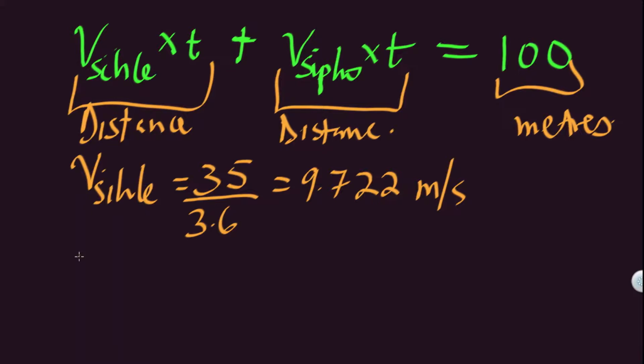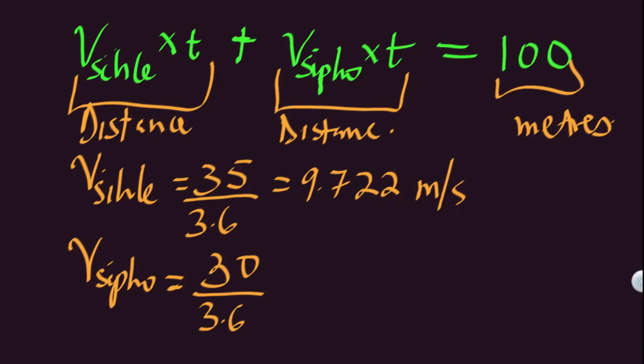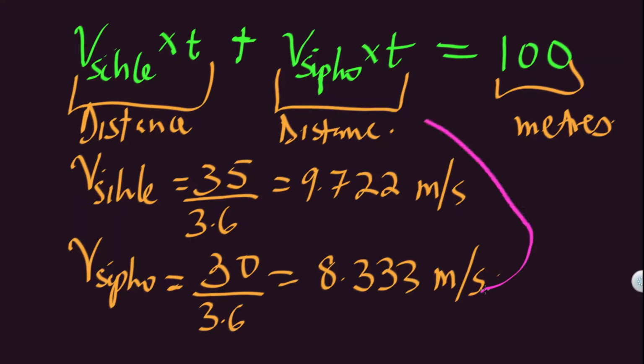And then we do the same for Sipho. V for Sipho will be equals to 30. You divide the 30 by 3.6. We get 8.333 meters per second. Once we have this, we substitute into our equation. We substitute this here and this here. Then we can solve for t.